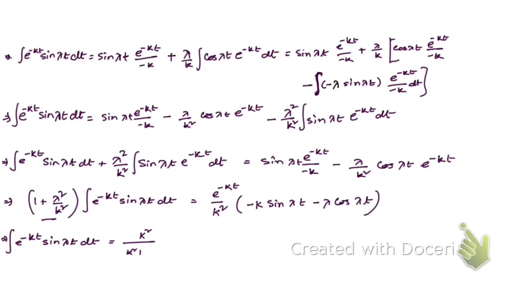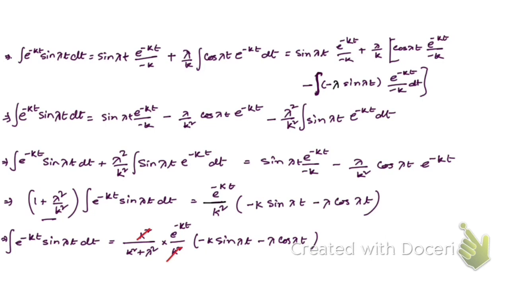Here we have e to the power minus kt. This k square is gone, this two cancels. So this is what we have got, the integration. We have evaluated the integration.